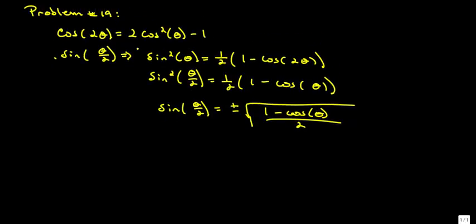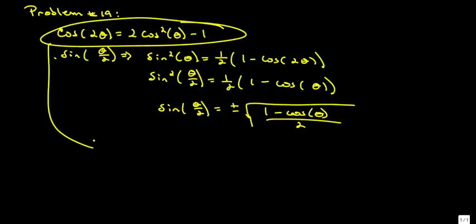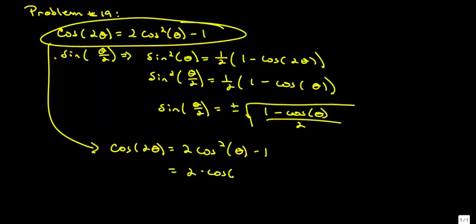So let's go ahead and grab this first guy. So we know that the cosine is 3 over 5. So the cosine of 2 theta will be equal to 2 times the cosine squared of theta minus 1, which is 2 times the cosine of theta times the cosine of theta minus 1.